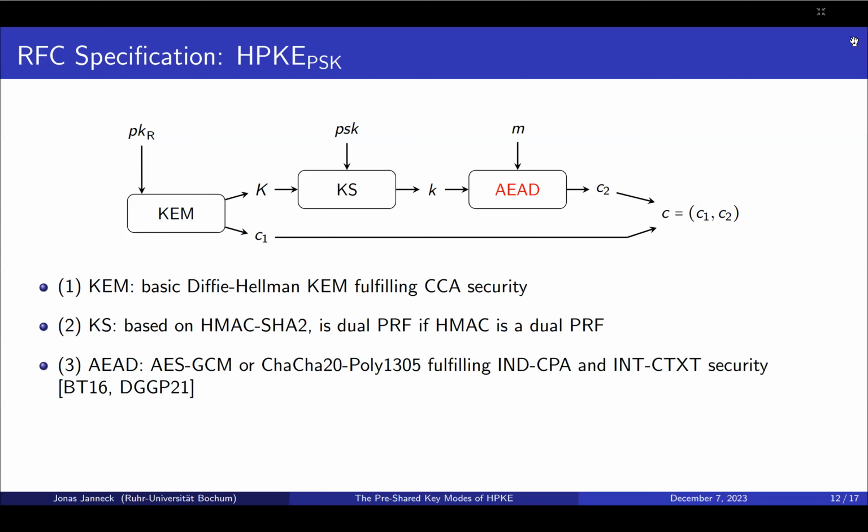And for the AEAD, this is instantiated either with AES-GCM or ChaCha20-Poly1305, and these are both CPA as well as inside the basic package. So with these three components, applying our theory tool, we can show the security.